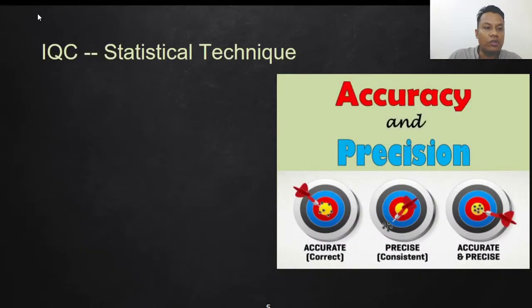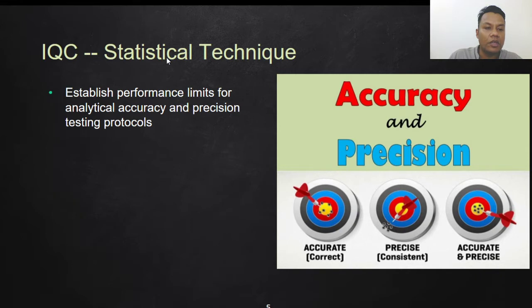For internal quality control, when we perform it, we need to refer to the statistical technique. This will establish performance limits for analytical accuracy and precision testing protocols.